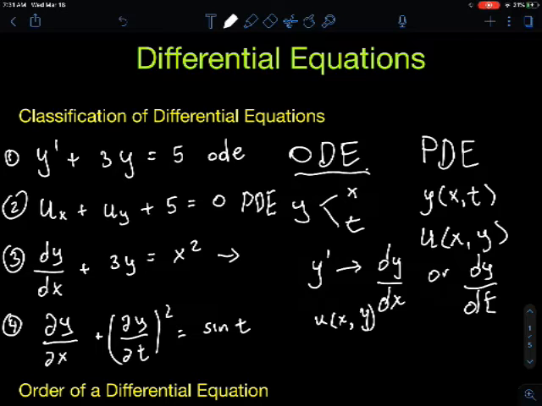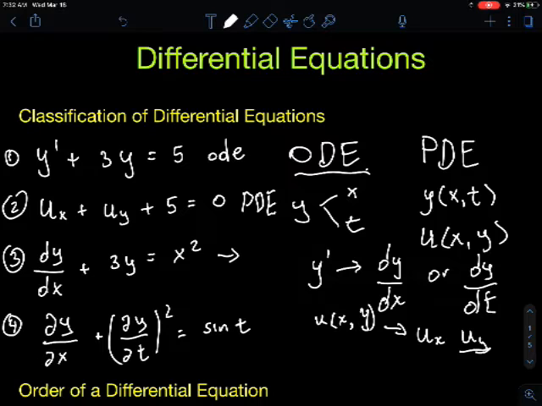Just one remark: usually PDEs have subscripts and they're expressed like this. It means that the derivative of u is taken with respect to the variable x, and in the second part the derivative is with respect to y. So usually when you see this notation, they refer to PDEs.